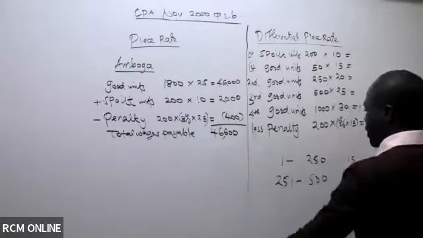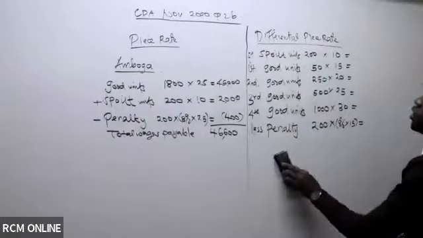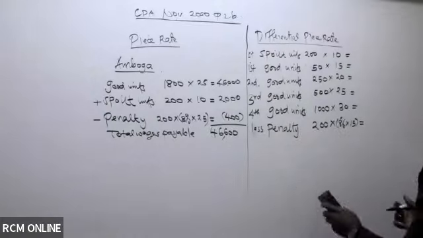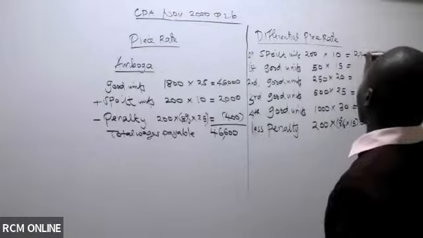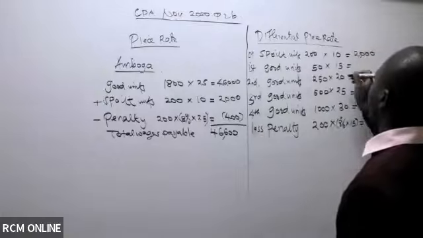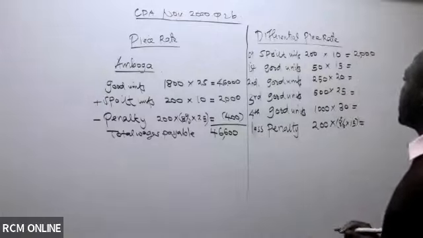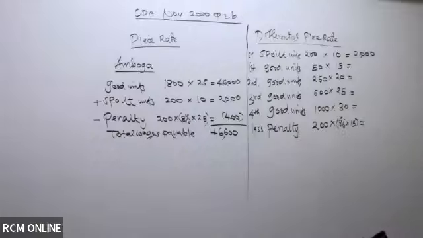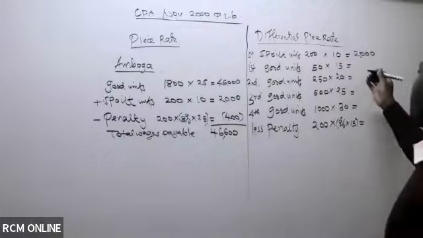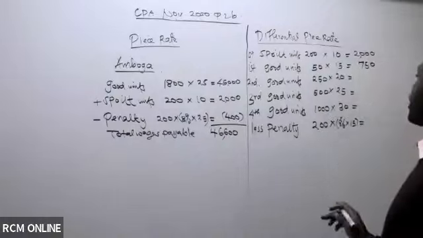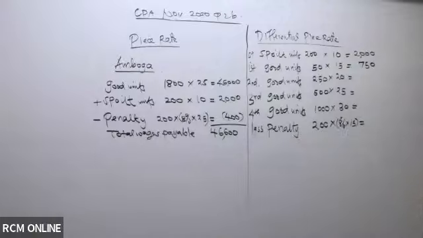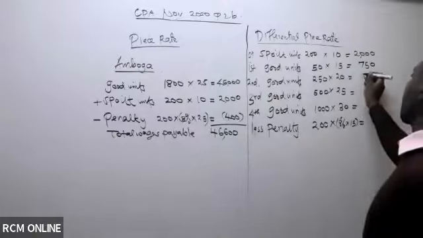So let's go ahead and get the total amount payable to Amboga under the differential piece rate. We have 200 times 10, which gives me 2,000. We have 50 by 15, what are we getting? 750. We have 250 by 20, 5,000.